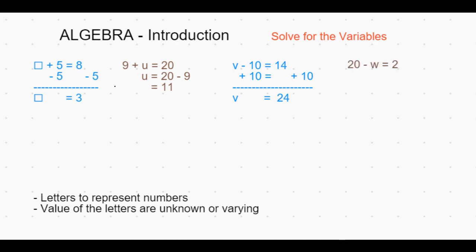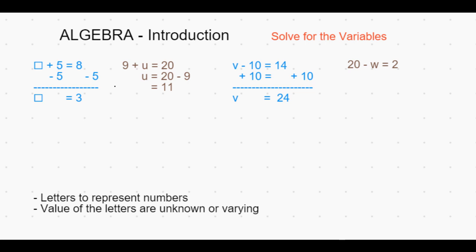Let's look at another example. 20 minus w is equal to 2. So we have used the variable w here. So we can use any variable a, b, c, x, y, z, any variable for algebra to represent numbers for which we do not know the value. 20 minus w is equal to 2.